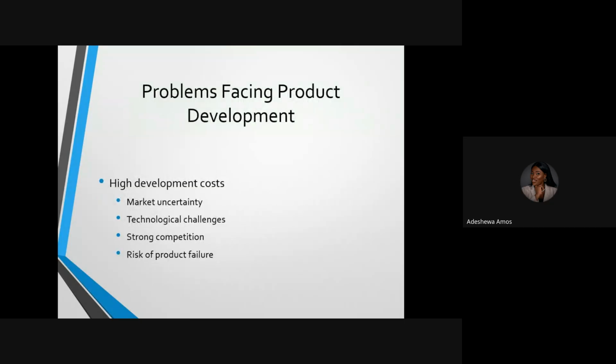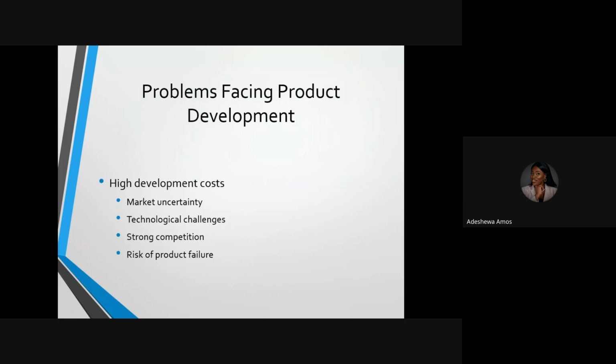Now, problems facing product development. So what are the problems that are facing you? If let's say you want to develop a product, what are the problems that you face as an operation manager? One, high development cost. High development cost in such a way that I explained earlier, it's a new thing.